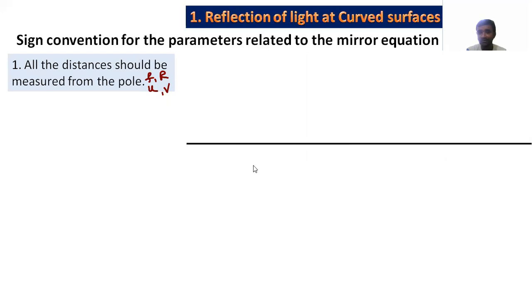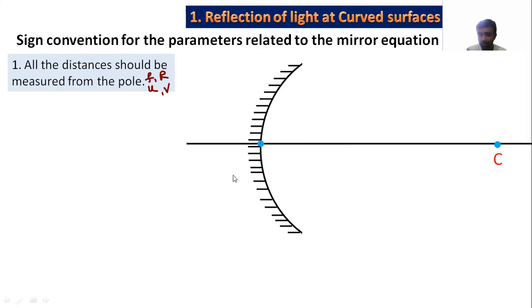Then look here on the diagram, how to start. So this is your concave mirror diagram. It is also applicable for convex mirror. If you are measuring behind the mirror, that is here, I have shown with the red color arrow. We have to start from the pole only. Don't take like this. This is wrong measurement.